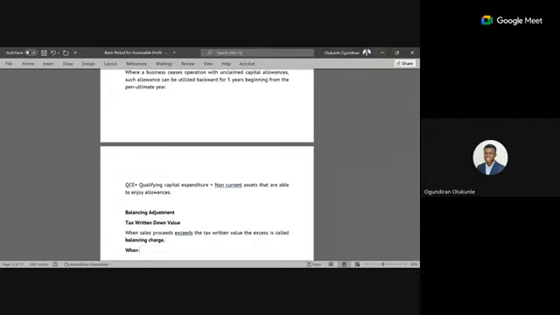Otherwise, let me use the alternative now. When the tax written down value exceeds the sales proceeds, the excess is referred to as what?